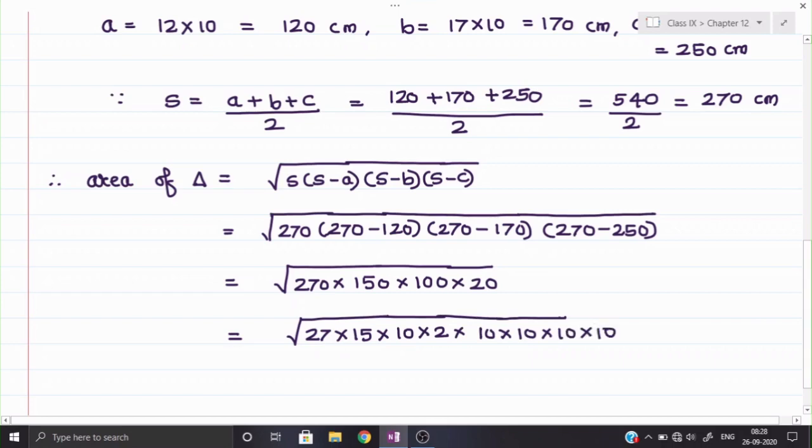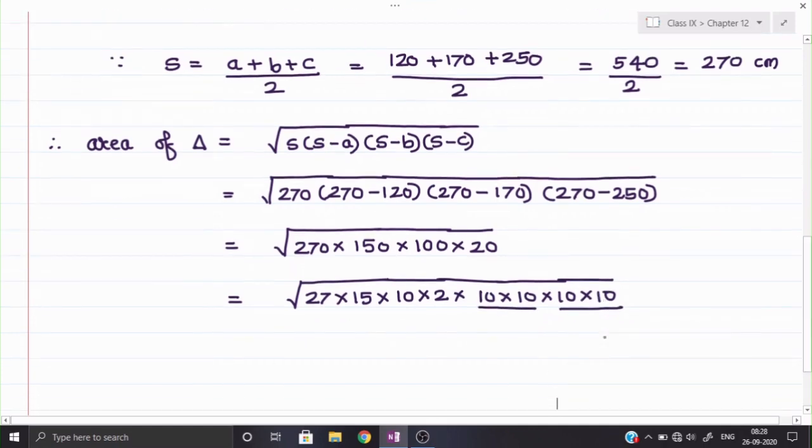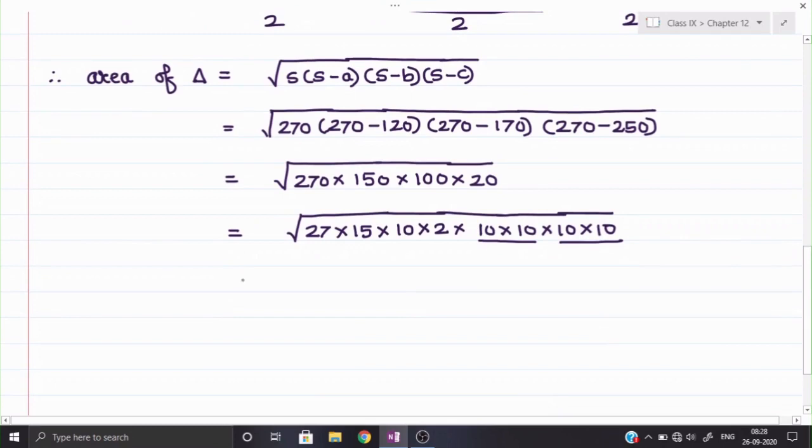So 4 times I am writing here. From each term I am taking out one 10. What is the use of this? Observe, the two pairs of 10 are ready, so those 2 tens we can take outside. This will remain 10 into 10.